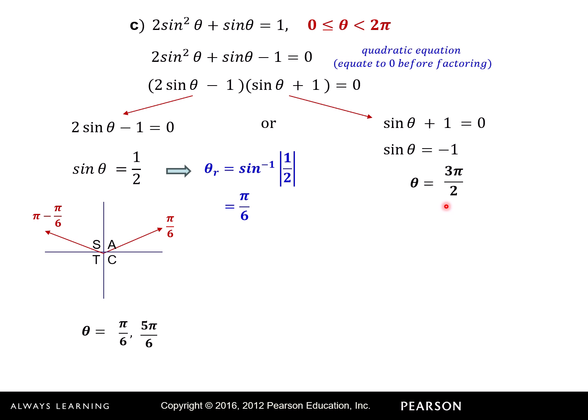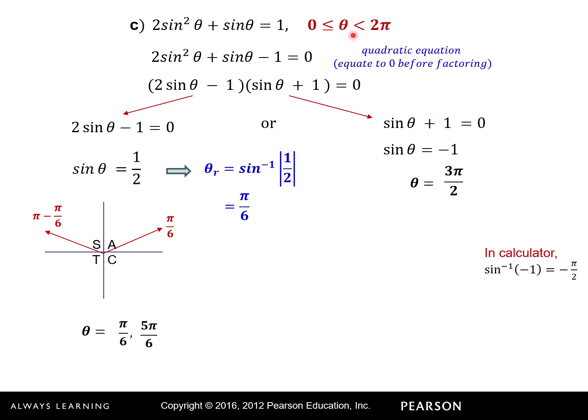Another way, if you really want to use the calculator, is to press shift sine of -1, and it will give you -pi/2. So that is what you will get in the calculator. As I told you, do not find the reference angle because the angle here is quadrantal. So shift sine of -1 is equal to -pi/2, but then -pi/2 is not from 0 to 2 pi.